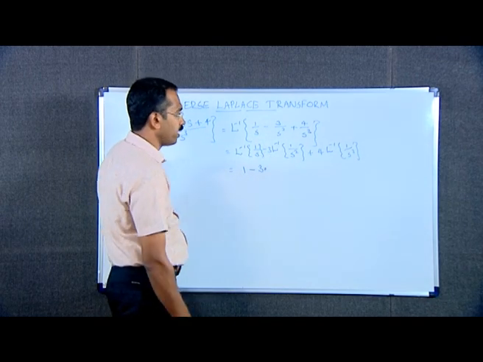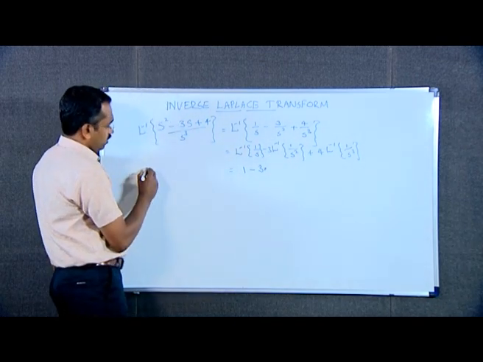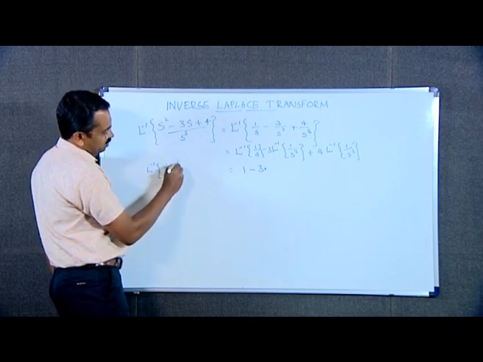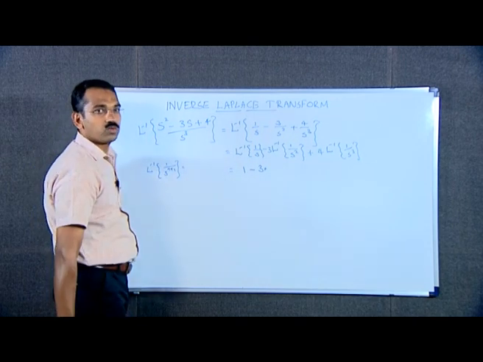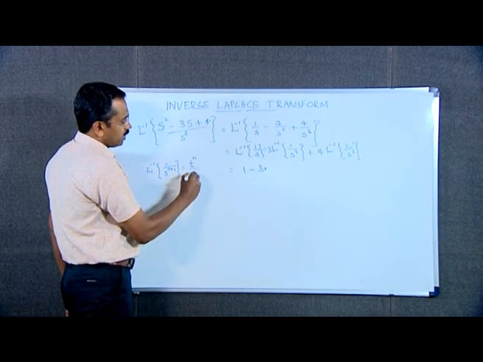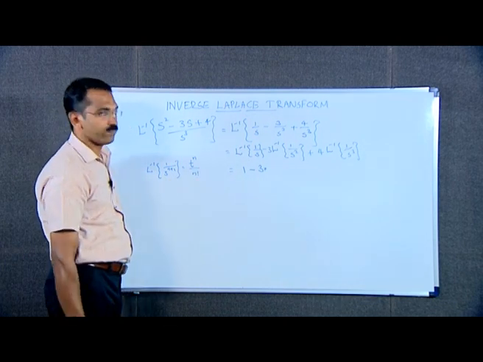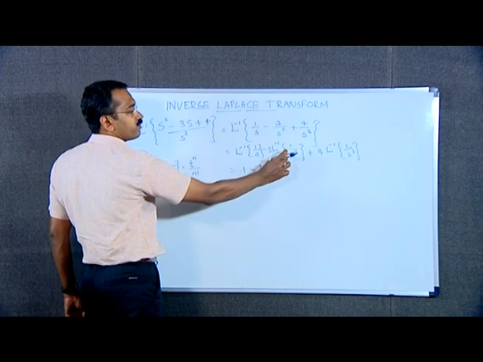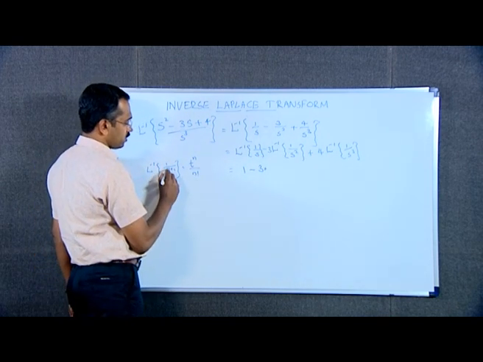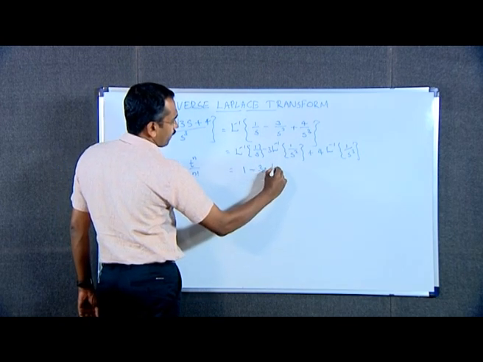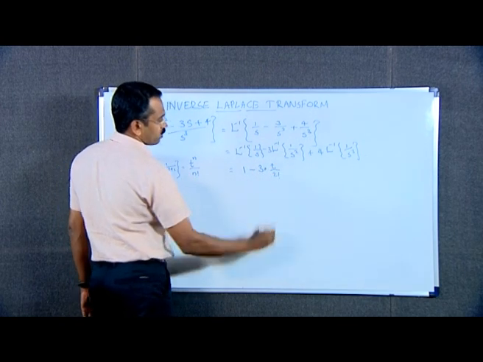We have L inverse of 1 by s raised to n plus 1 is equal to t raised to n divided by n factorial.